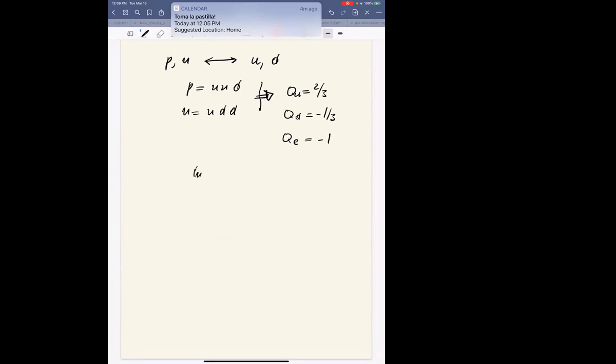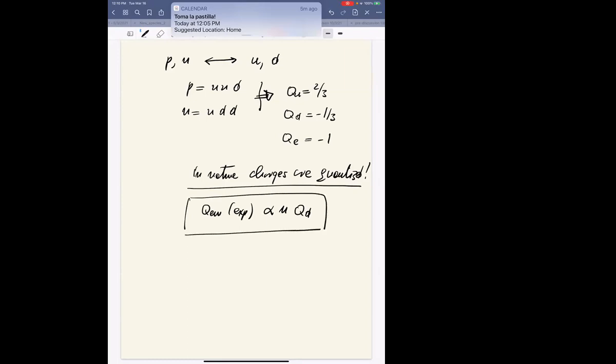In nature, charges are quantized. All charges that we have observed, Q electromagnetic, in nature, experiment, observation, is proportional to n times, say, the smallest charge, which is the charge of the down quark.